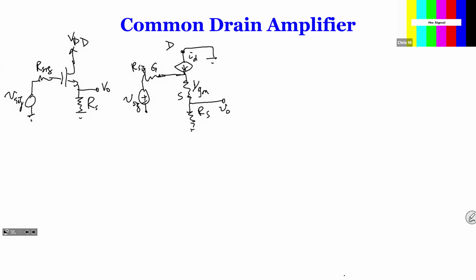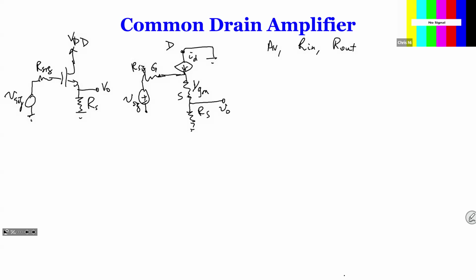So if you look at this circuit, well, similar to the previous one, let's write down. So what we need to do is we need to find AV. We need to find all these three so that we can verify our claim that this is going to tell us the three things.